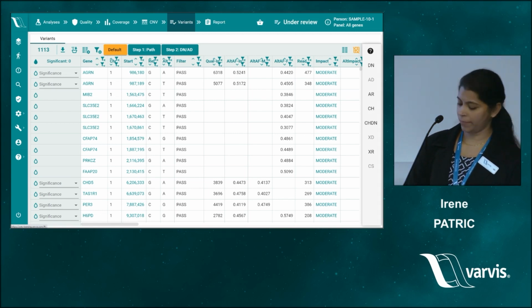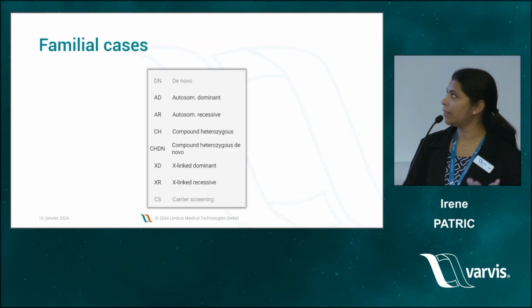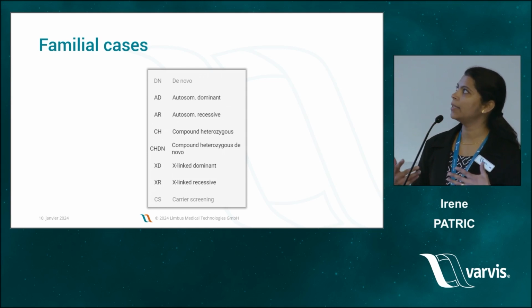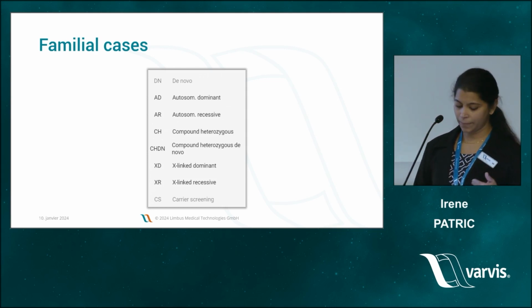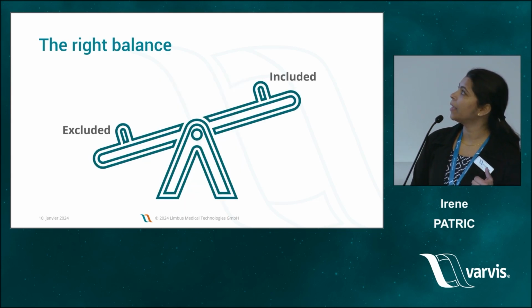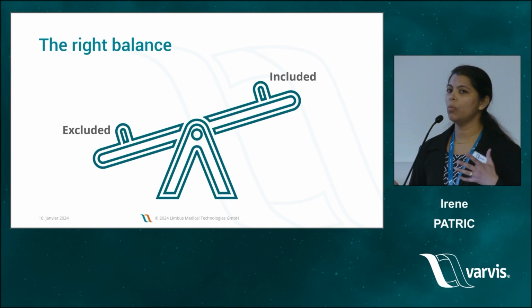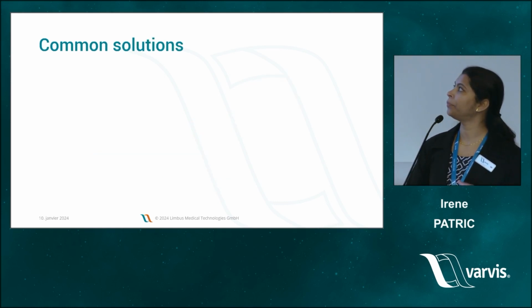Now, as you can see, these are the filters that are available normally, and there are some special filters in varvis, and I will show you how these filters are designed. And this is important because it would show you which variant is included and excluded when it comes to segregation.